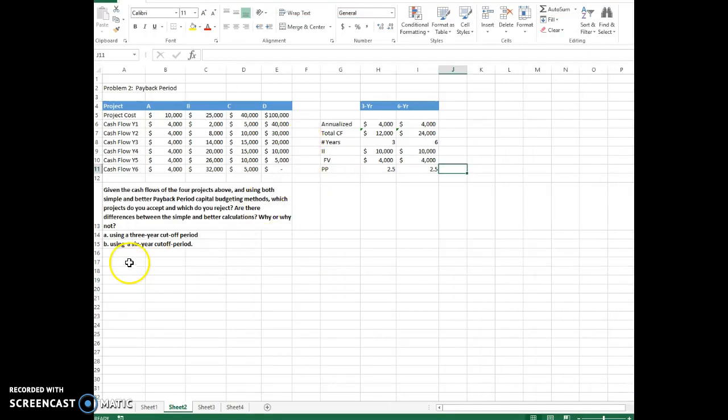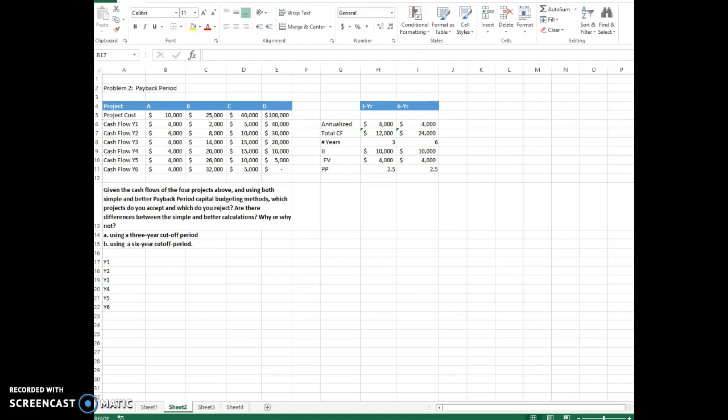So what we need to figure out then is we need to set up a chart that says, okay, year 1, we're going to look at the cash flows each year. Year 2, year 3, year 4, year 5, year 6. What do we want to figure out here?